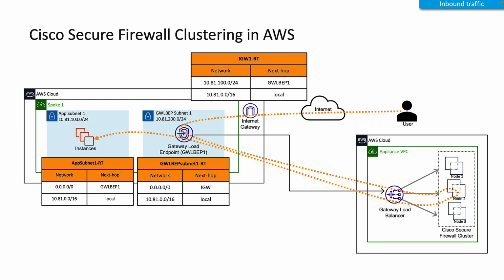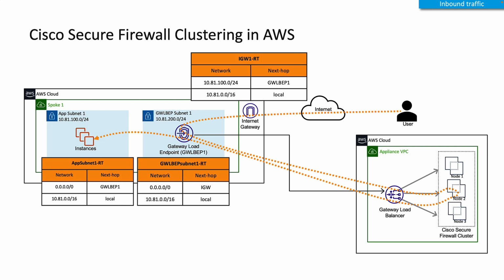So in order to enable such a configuration, we apply a route table on our internet gateway. Now we will forward any traffic going to my application subnet, which is 10.81.100.0/24, to the gateway load balancer endpoint. As soon as the gateway load balancer endpoint receives the traffic, it will forward it to the gateway load balancer.